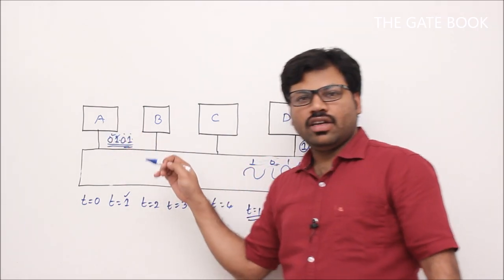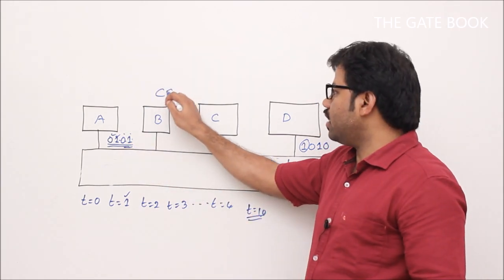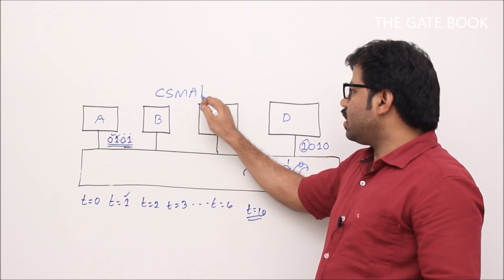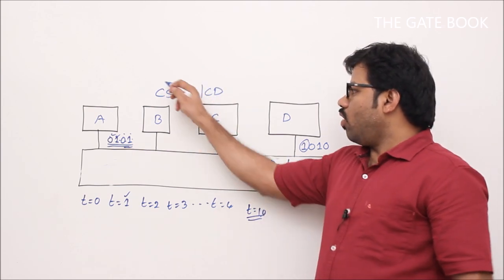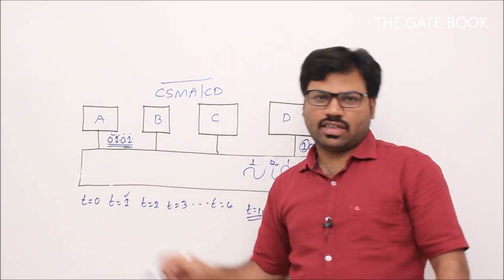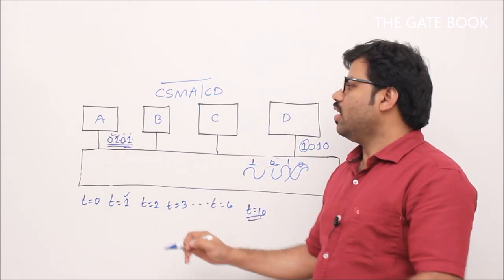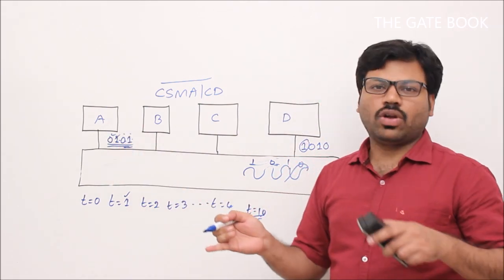data into the line. Now station A won't sense, because according to CSMA/CD, please recall, any station whenever it has data, only then will it sense, correct? Now A's data is completely on the line, so station A will shut down that process.